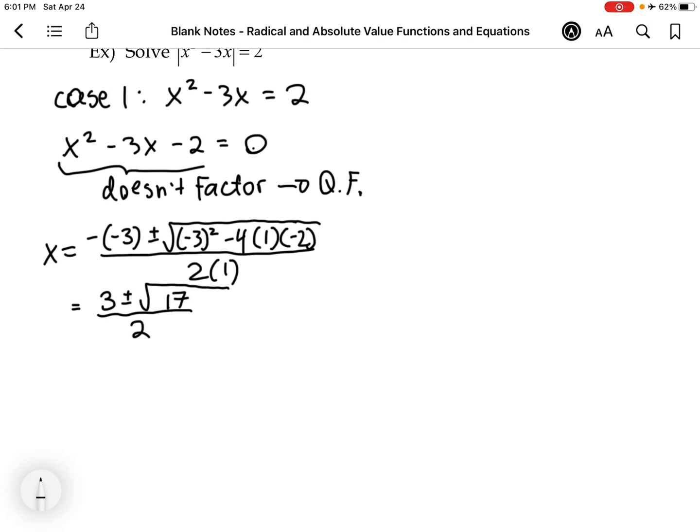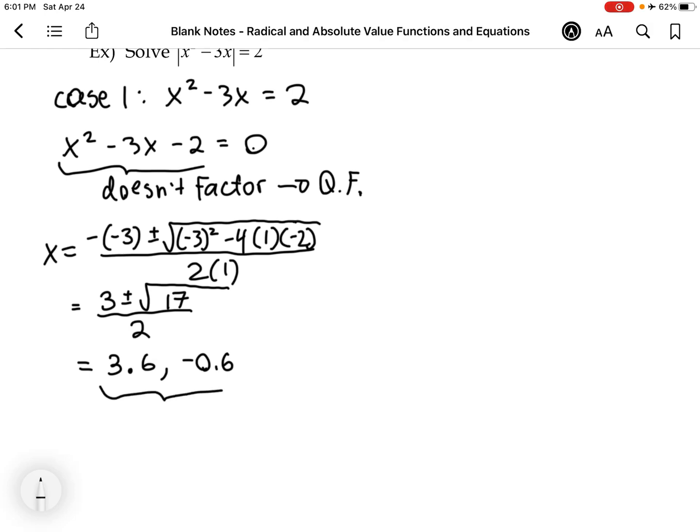Okay, and if we were to do this as a decimal, I'm just doing this on my calculator right now, so 3 plus root 17, and then divide by 2, so that's about 3.6, and then 3 minus that is, and this is obviously rounded, divided by 2, -0.6.